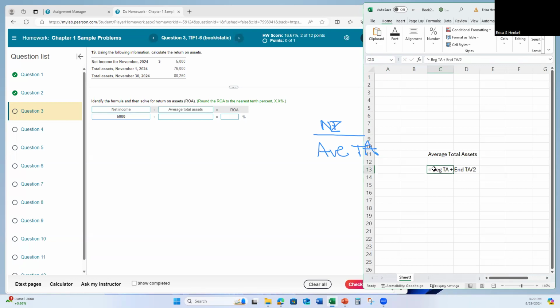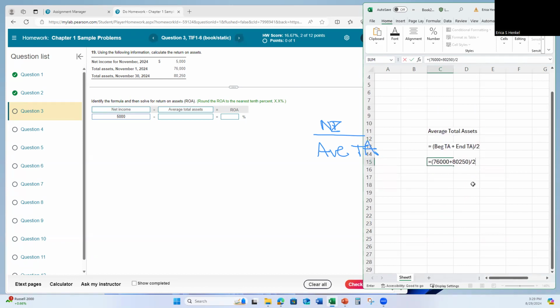In the formula I'm going to put parentheses to show that those are all part of the numerator, and then we would divide that by 2. So beginning total assets plus ending total assets, do that addition first, then divide by 2. So we've got 76,000 plus 80,250, and I'm going to divide it by 2.